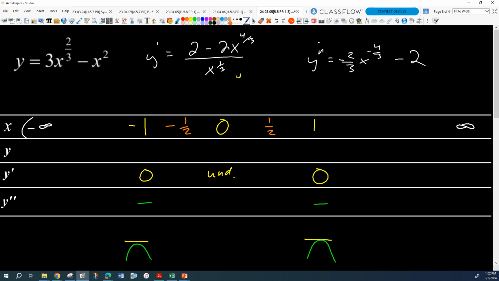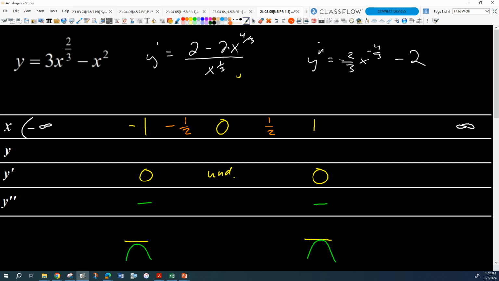True or false? Would 1/2 to the 4/3 be between 1/2 to the 1 and 1/2 to the 2? Yes. Everybody agree? What's 1/2 to the 1? 1/2. What's 1/2 to the 2? 1/4. Okay, that makes sense?